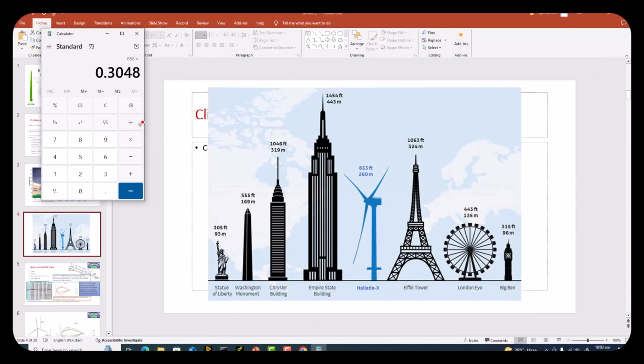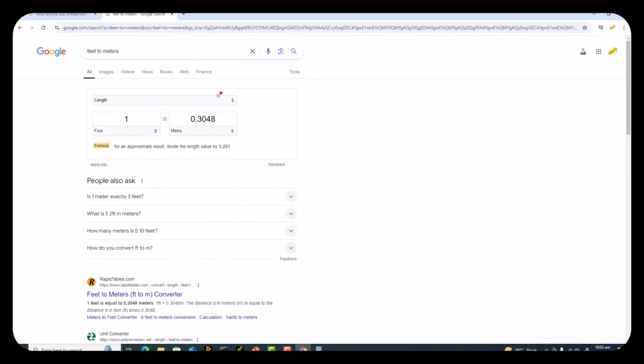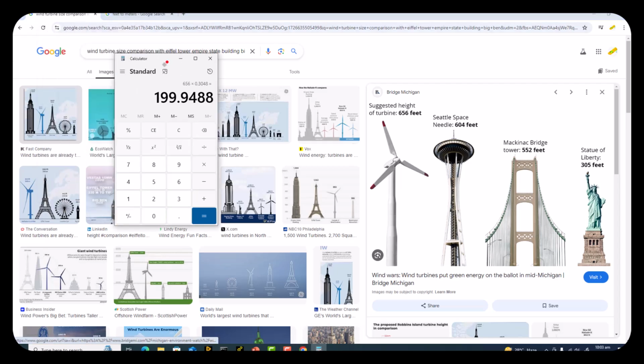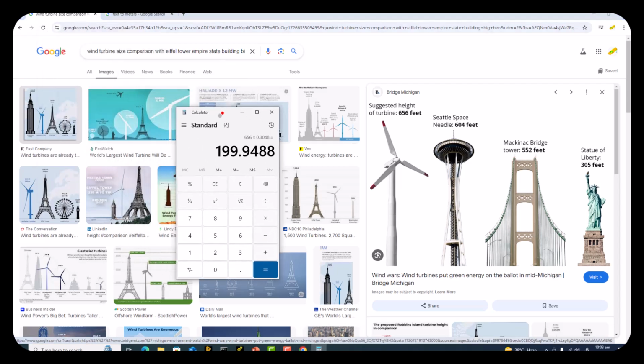So it's 199 meters in this case. So this 199 meter wind turbine height is not including its radius. It's only height here.